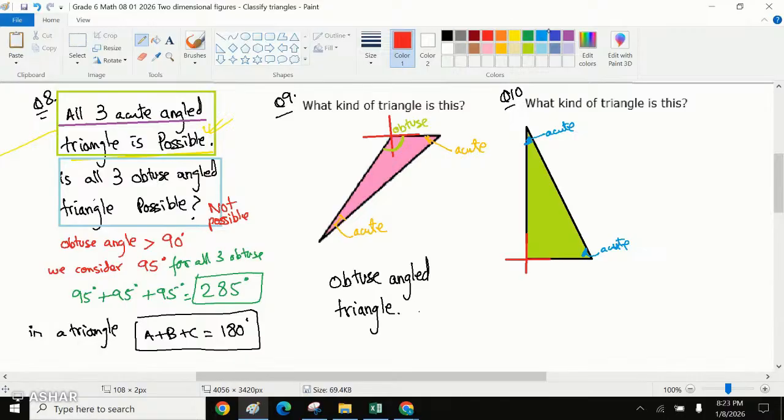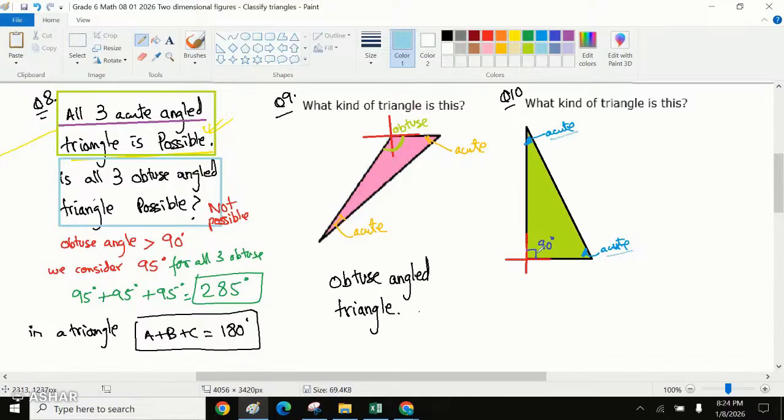That means this angle has to be 90 degrees, right? This is not greater. This is exactly equal to 90. The first two angles were acute, this is acute, this is acute.